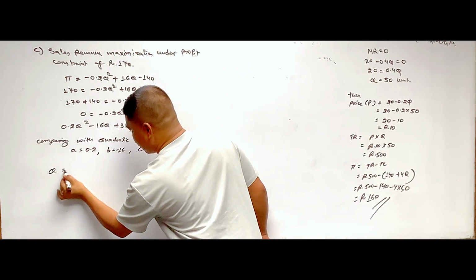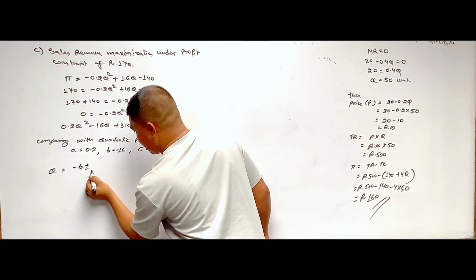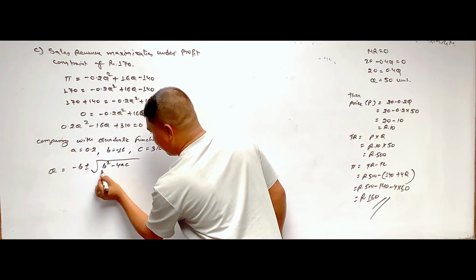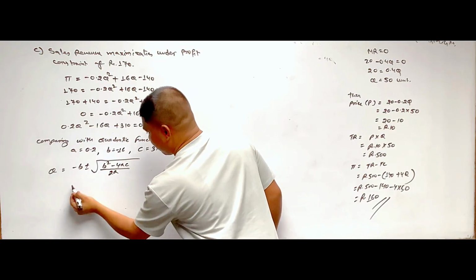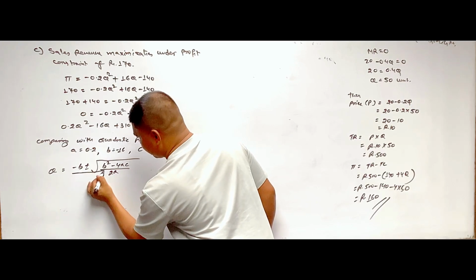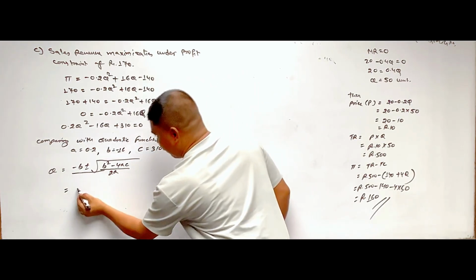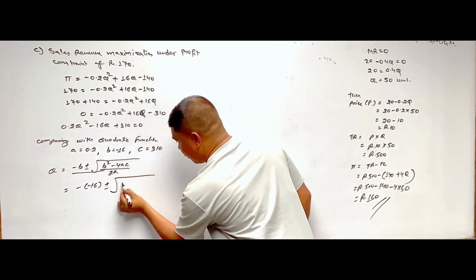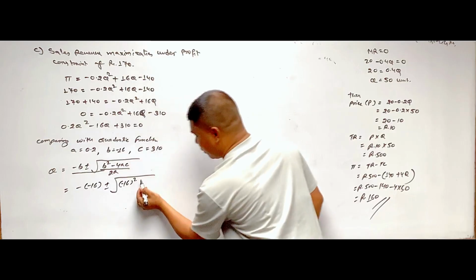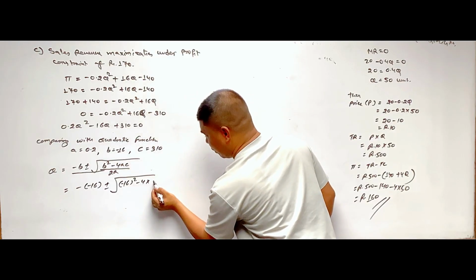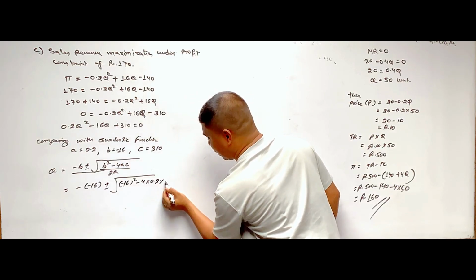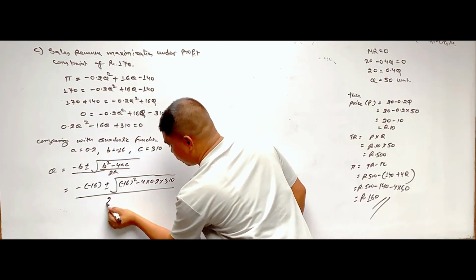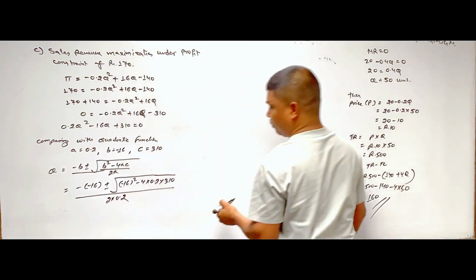Then q equals minus b plus minus root under b square minus 4ac by 2a, equals minus minus 16 plus minus root under minus 16 square minus 4 into 0.2 multiplied by 310 divided by 2 into 0.2.